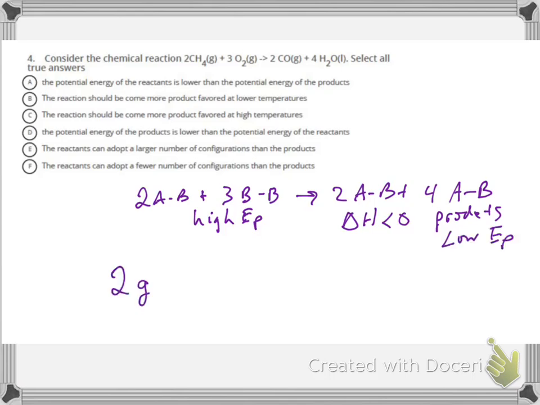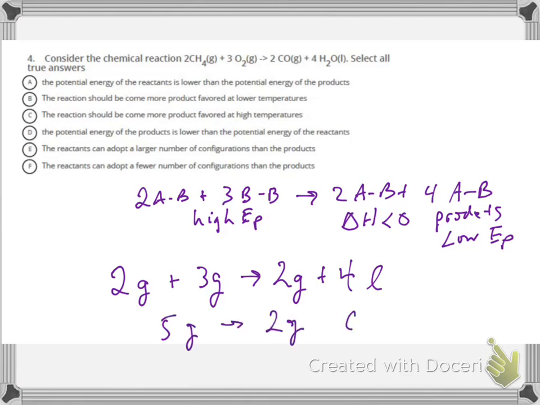If we're doing the configuration analysis, we have 2 gas particles plus 3 gas particles, making 2 gas particles plus 4 liquid particles. That means we have 5 gas particles going to 2 gas particles. Keep in mind that for configurations, we treat the gas particles as the most significant in determining the overall effect.